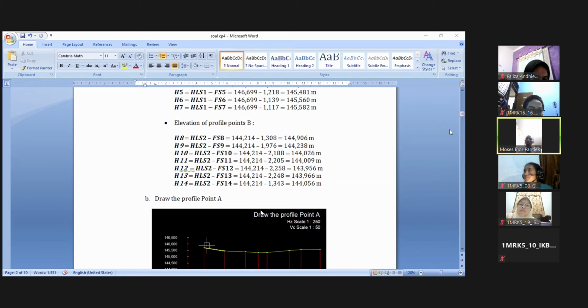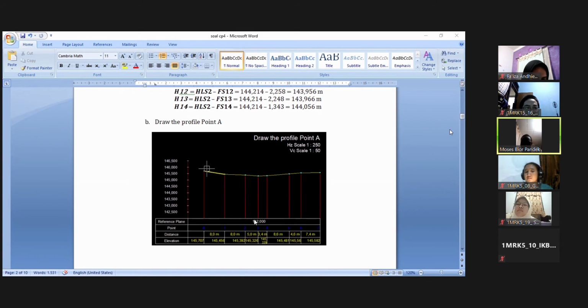That is to draw the profile points. For us to draw this, we must have a reference plane, and we must also have the scales, and the elevations should be known as well.